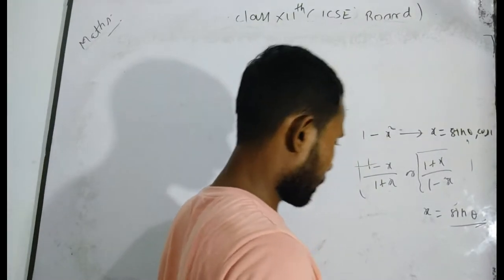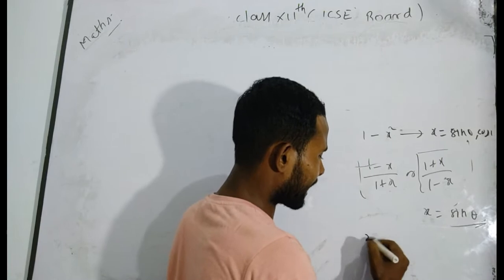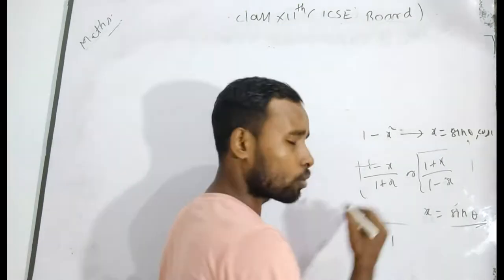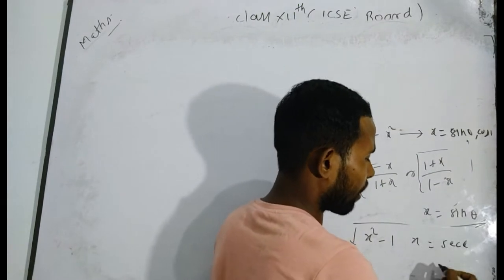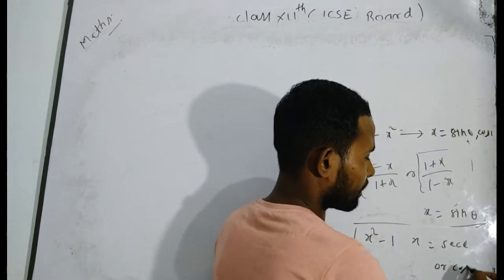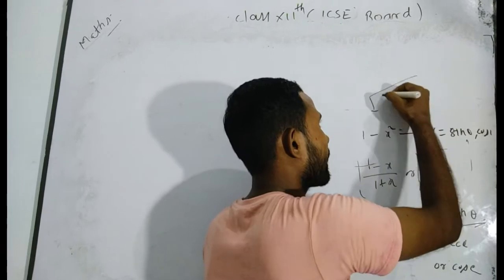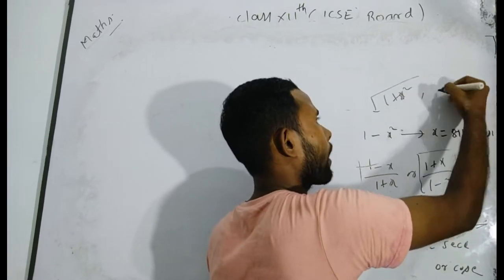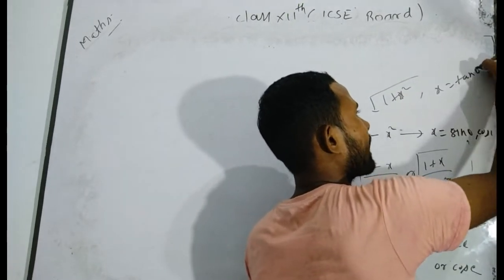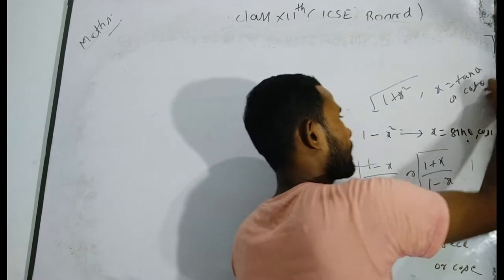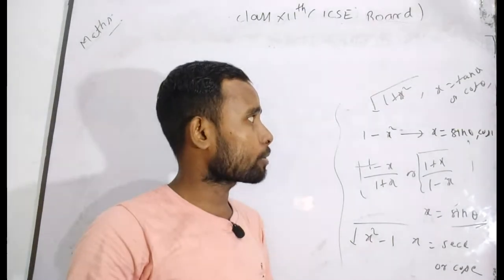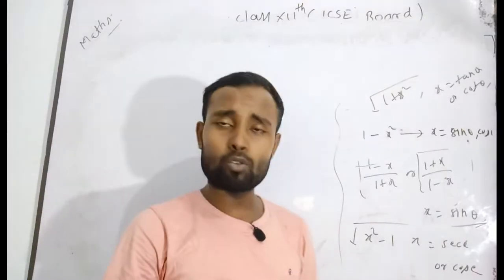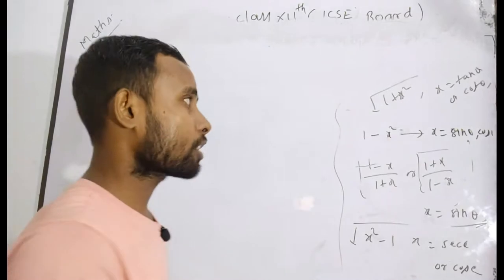And whenever you get a given function as x square minus under root, in that case try to put x equal to sec theta or cosec theta. And if you see a given function as 1 plus x square, you put x equal to tan theta or cot theta. These are some standard substitution terms, as I think you have already studied in your inverse trigonometric functions.